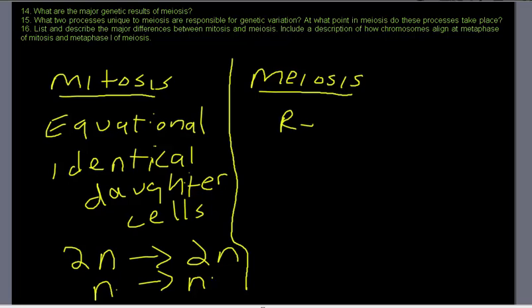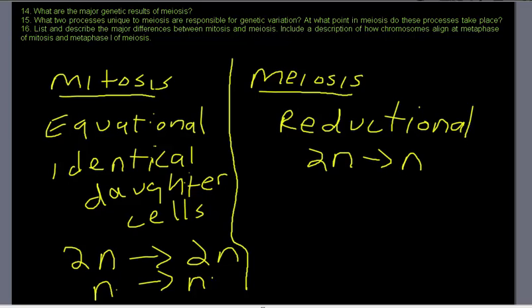Meiosis is reductional. That's one of the most important things. What does that mean? That means go from 2N to 1N. We reduce the amount of genetic material. That's important because this is going to form a gamete that we want to fertilize with another gamete.